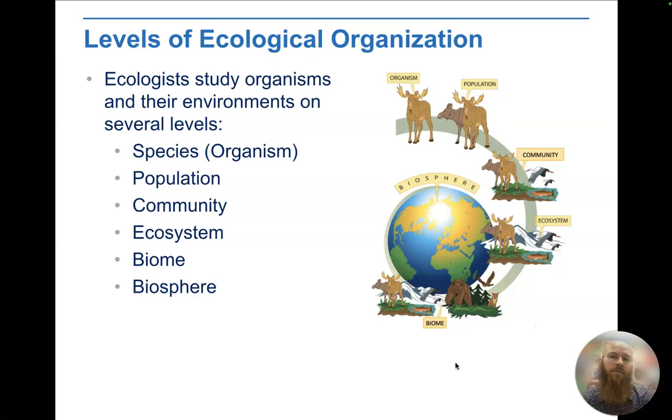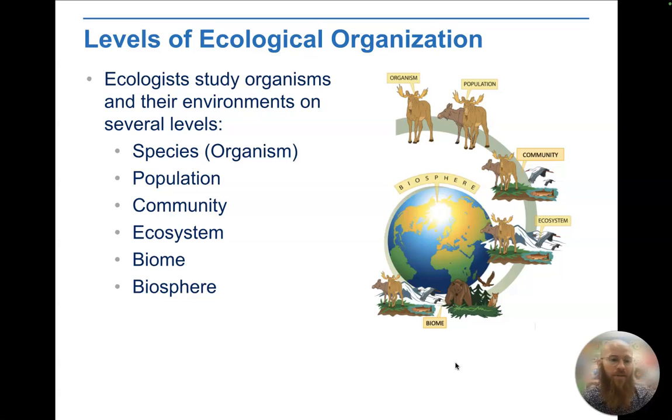Ecologists study organisms and their environments on several different levels, so we can go all the way from a single organism or a single species, and then we would go to the next level where you would combine those organisms of the same species into a population. You take different populations to form communities.